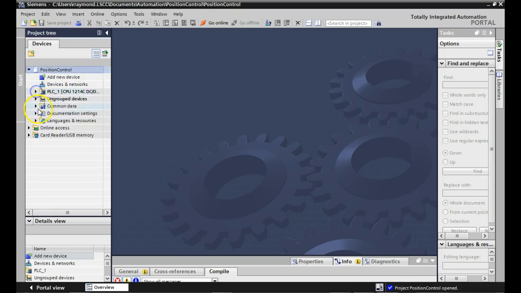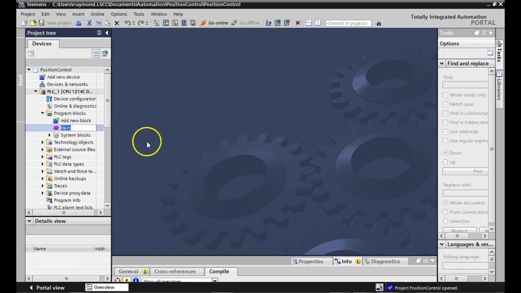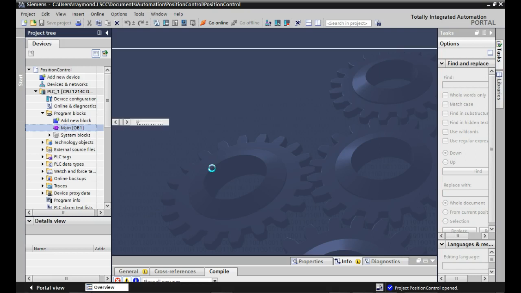So we have counter instructions that are available to us. So here's OB1. You can click on the icon and not the title bridge. For some reason I'm having a problem.